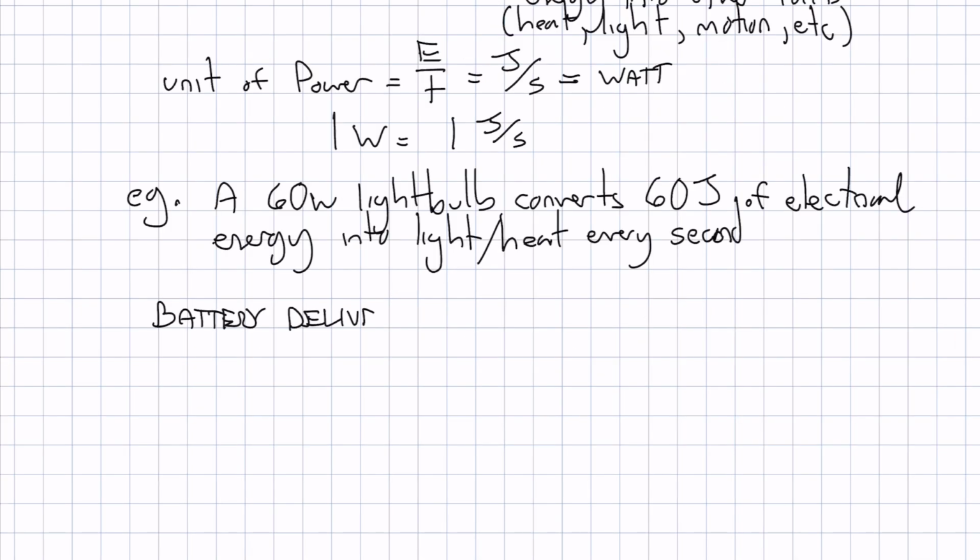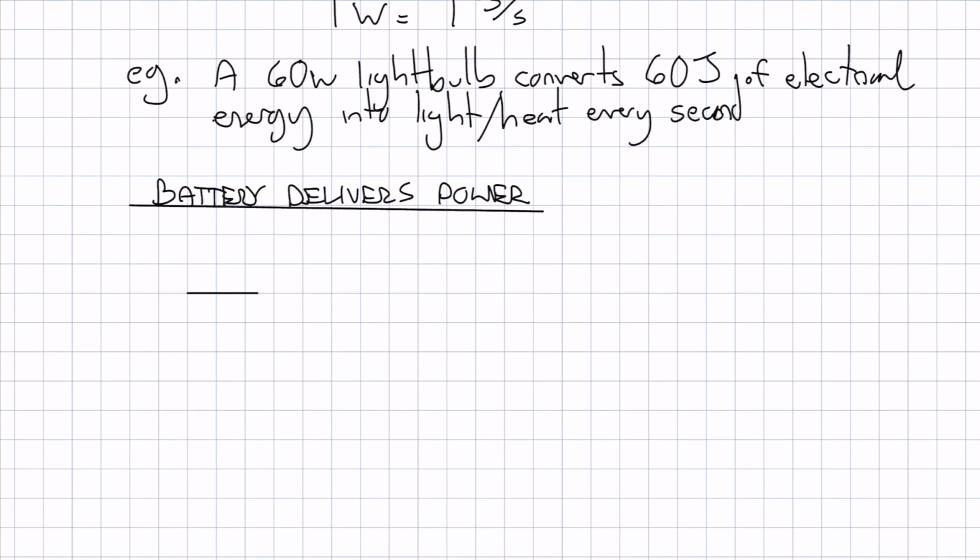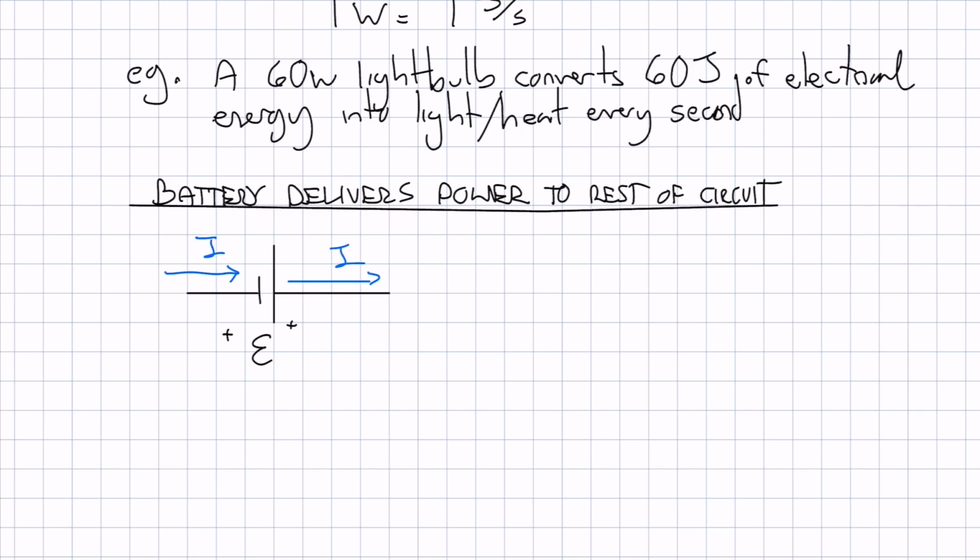When a battery is hooked up and needs to deliver energy to the rest of the circuit, then it does that by sending an electric current, call it capital I, that flows through the circuit. How much power the battery delivers depends not only on the battery voltage itself, but also the current that the circuit draws from it.